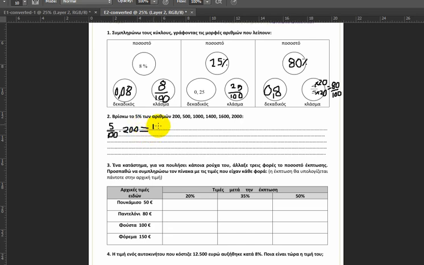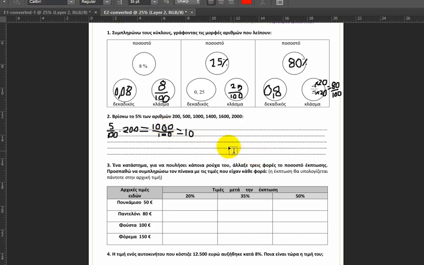This would give me 1,000 over 100. So what I would get out of this division, 1,000 divided by 100, is 10.